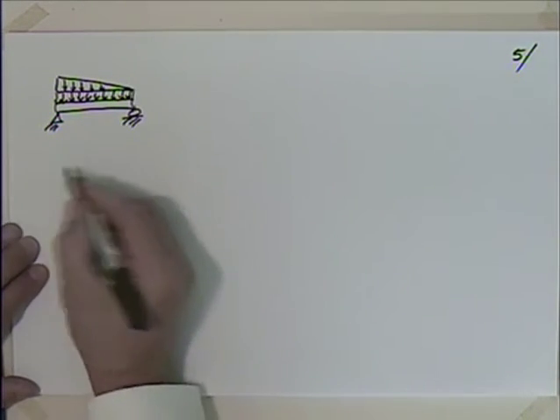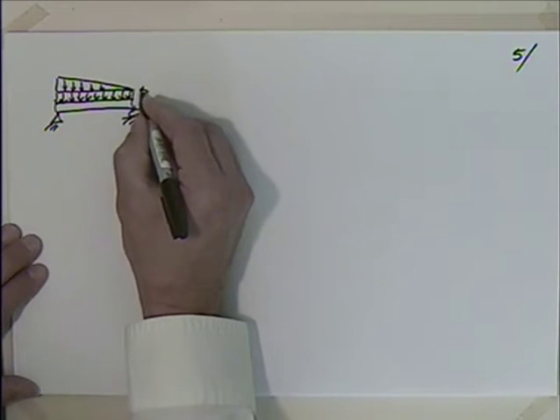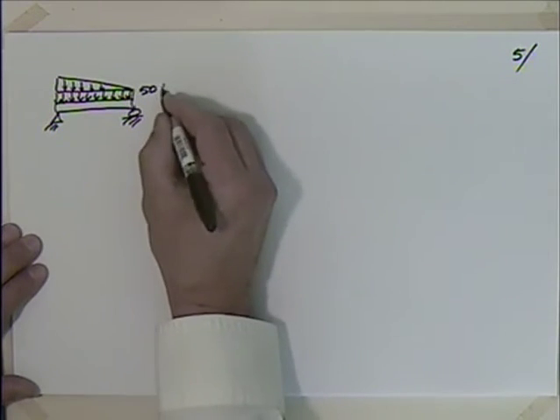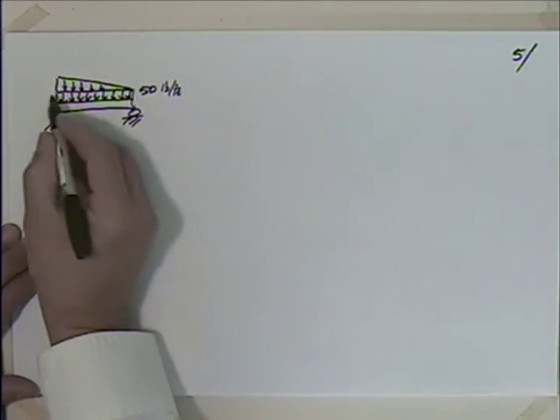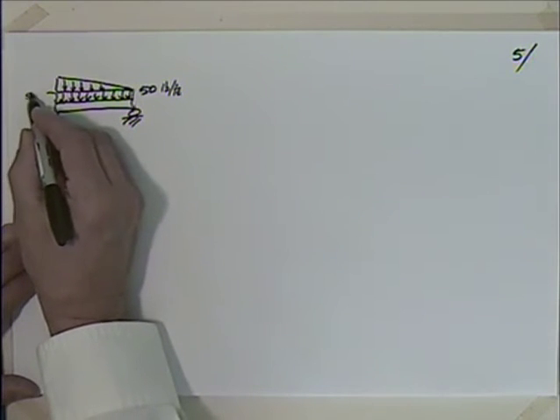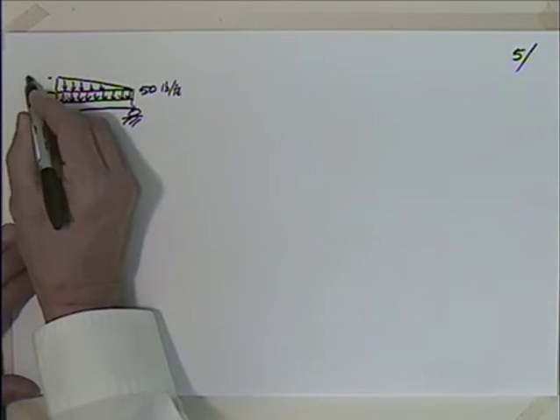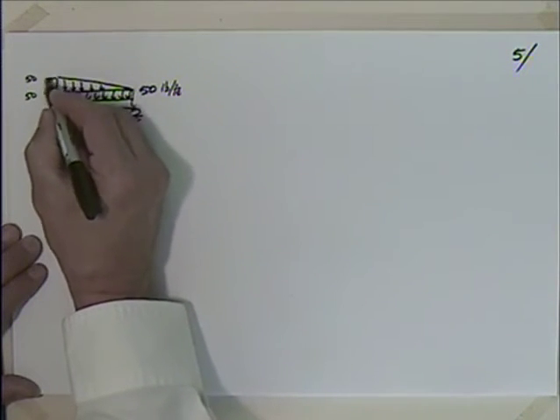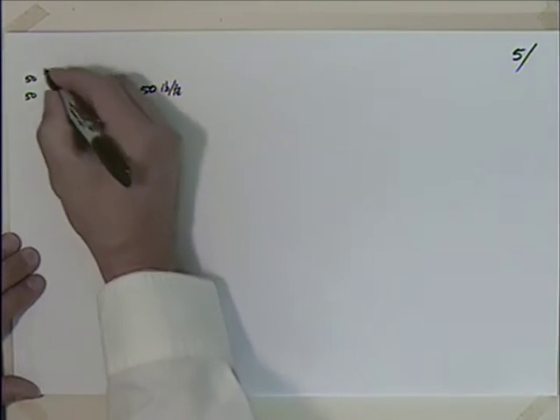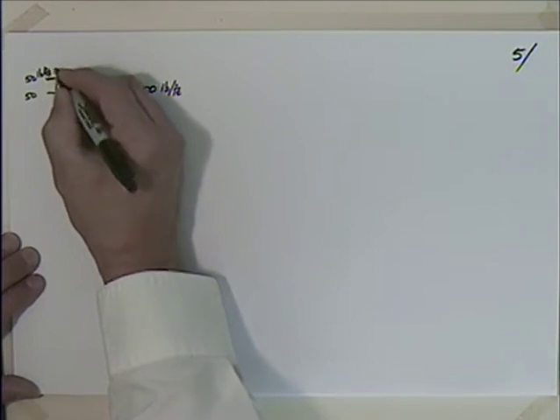So I know that this is going to be 50 pounds per foot. And then I have 50 here, and I have another 50, which gives me then a total at that point of 100, right? Pounds per foot.